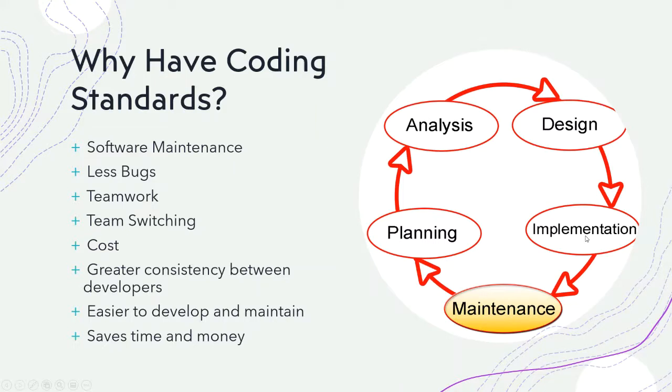In the implementation, there will be tests that will be conducted. During the testing, there might be errors or bugs. So it would go again under maintenance, and then you have to plan again what to do with those bugs. It is just a cycle. This is just a software cycle.